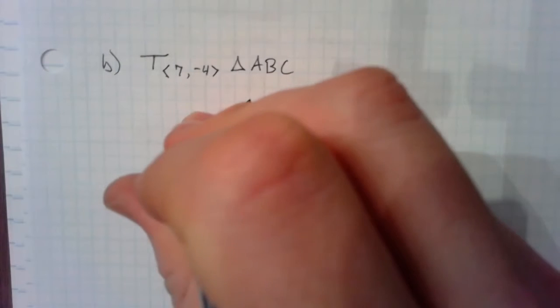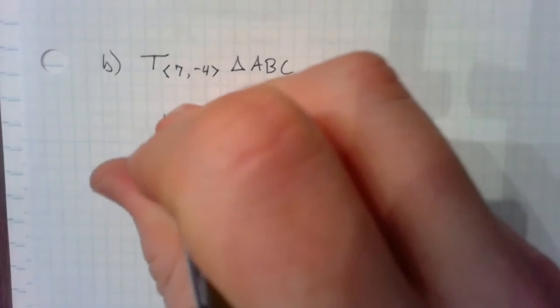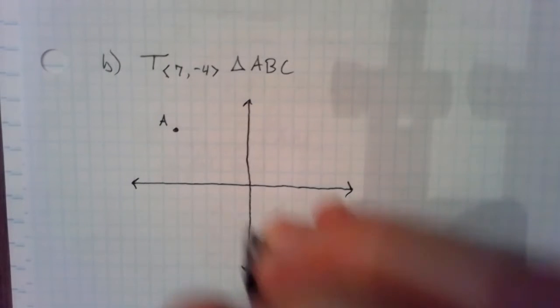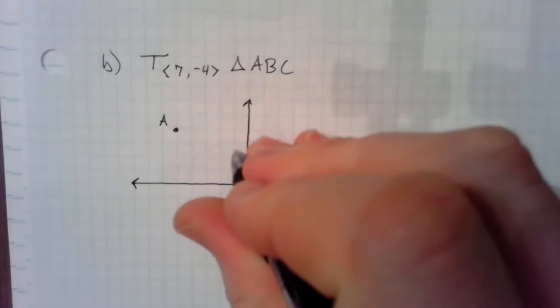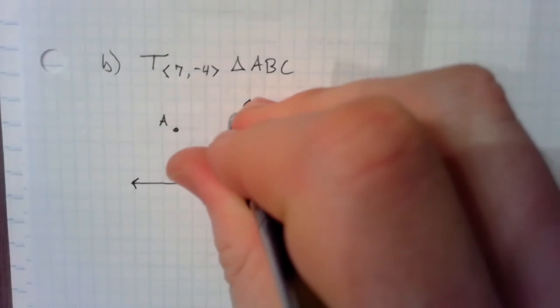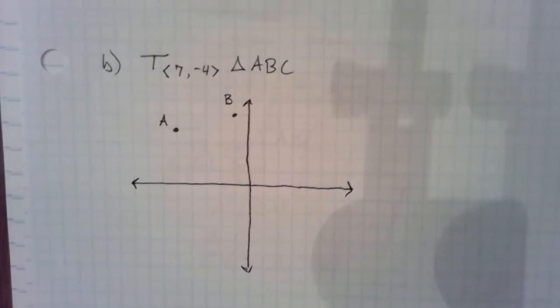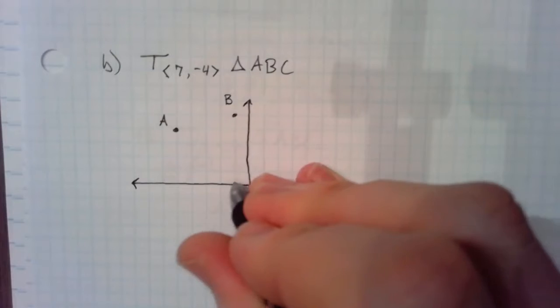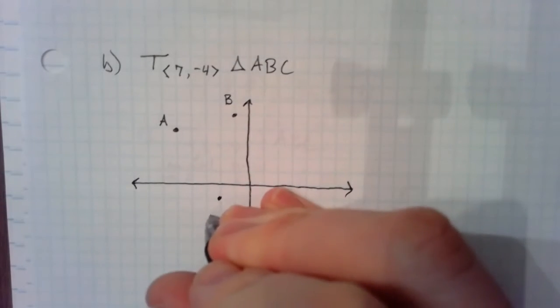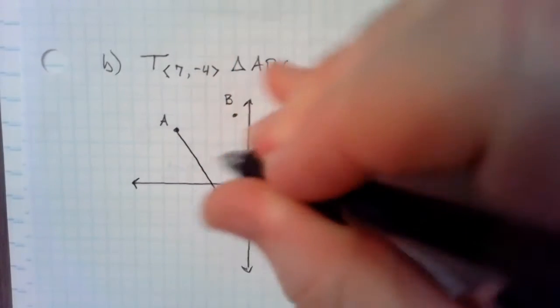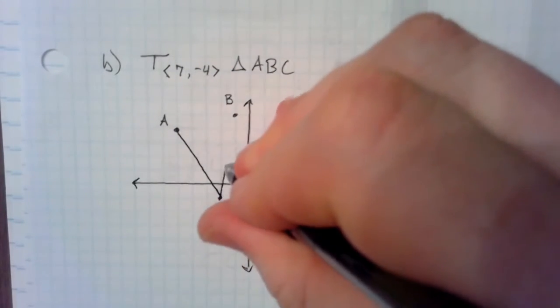So here's A. B is going to have coordinates -1, 5. So there's B. And C is going to have coordinates -2, -1. So there's C. So this is triangle A, B, C.